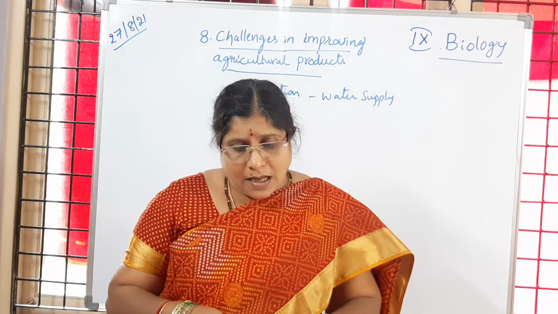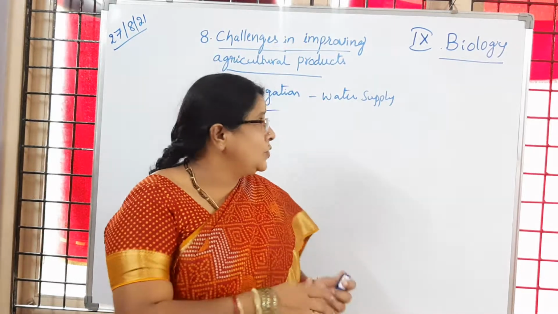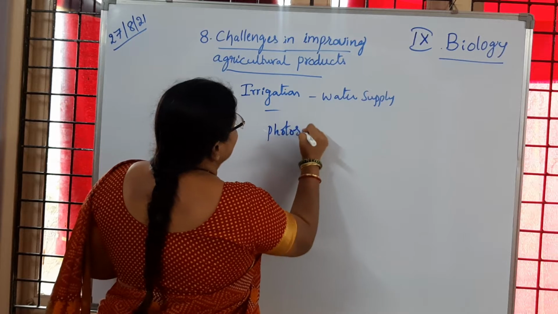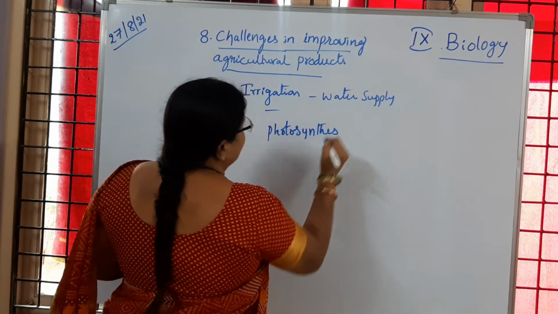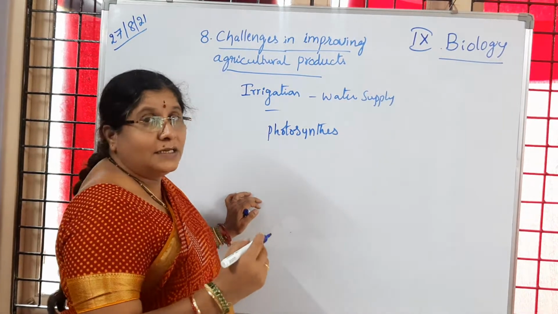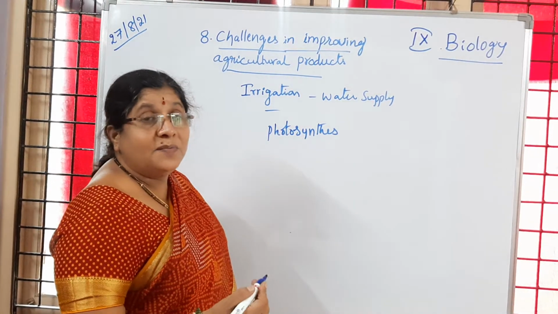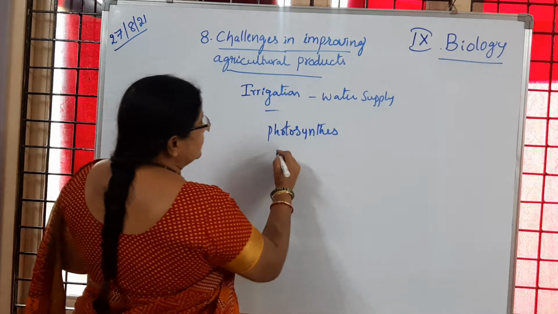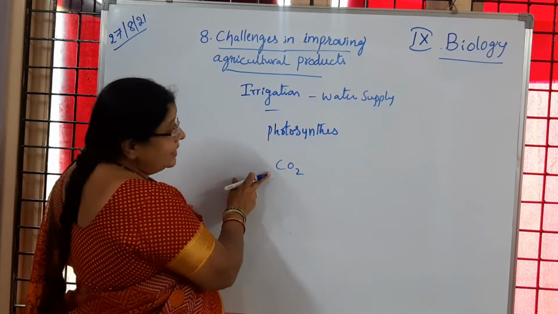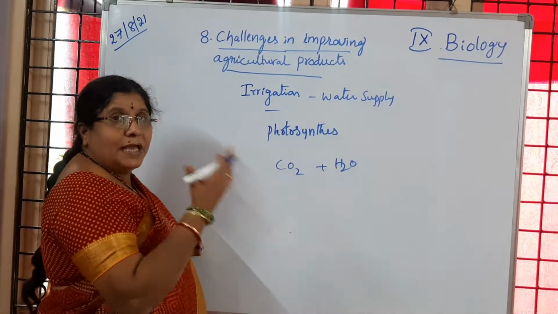Then here, water, you know that in the process of photosynthesis, the plants prepare food. Is it not, children? So what are the raw materials needed? What are taking part in the reaction? You know that the plants make use of carbon dioxide taken from the atmosphere, and water from the soil with the help of roots.